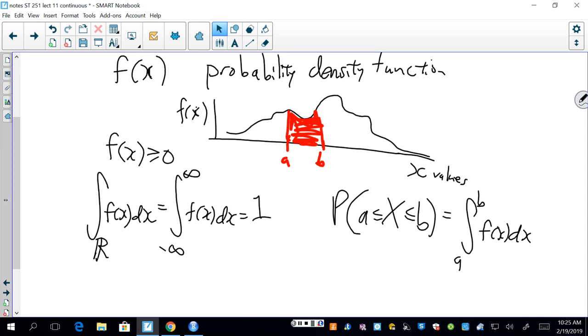Now with discrete, it made a big difference whether it was equal to something or greater than it. Right? Greater than or equal and greater than made a difference because it excluded one particular point, assuming there was some probability at that point. For continuous, what's the probability that we're at exactly a value under this curve? Is there any probability at a particular point?